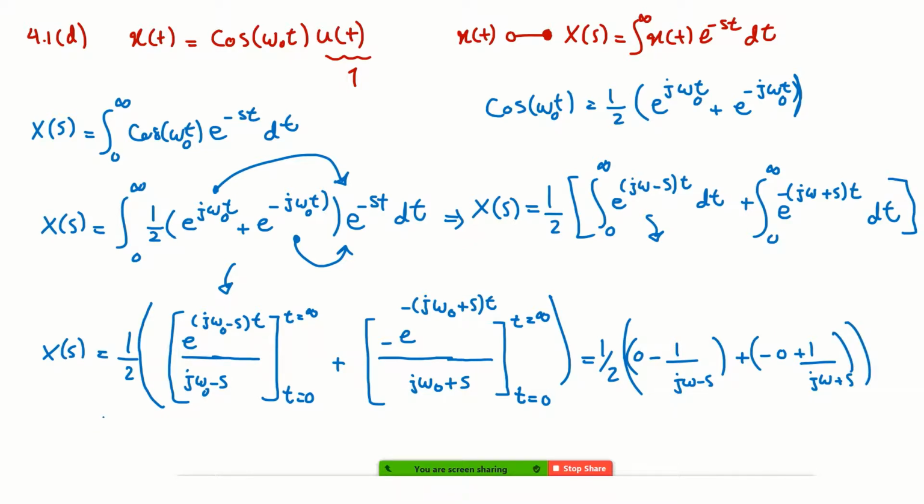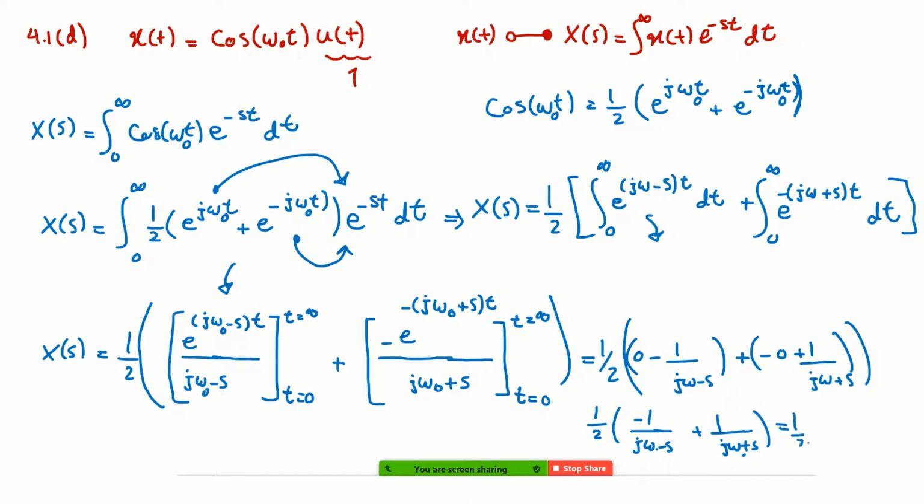Now I can further simplify this: 1 over 2 times minus 1 over j omega 0 minus s, plus 1 over j omega 0 plus s.